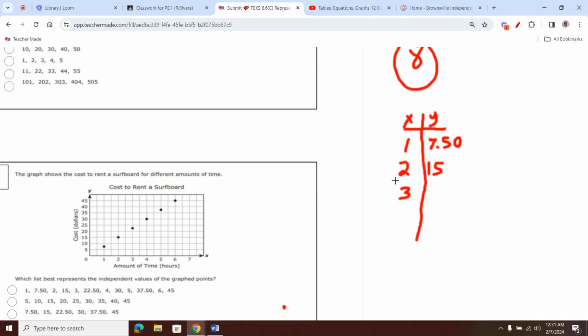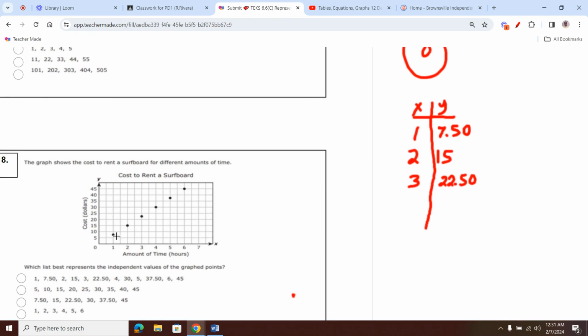So it would be 22.50. In case you're wondering how he is getting this, I'm thinking this way, guys. So if you notice, let me zoom in more.